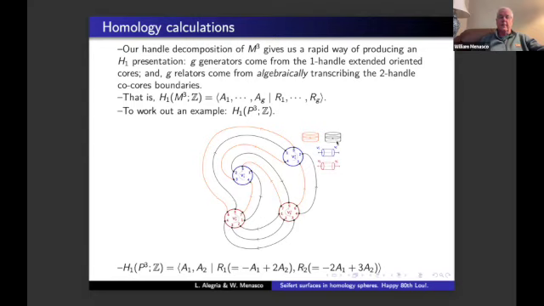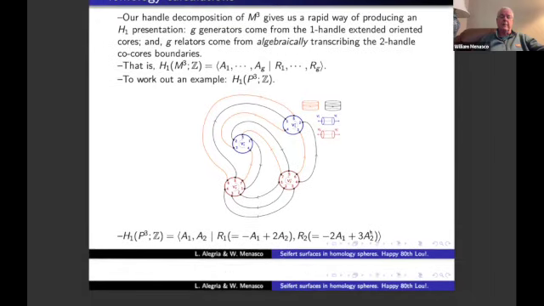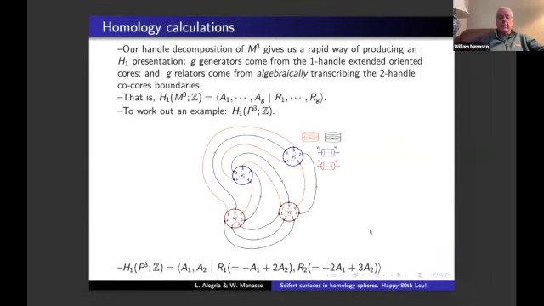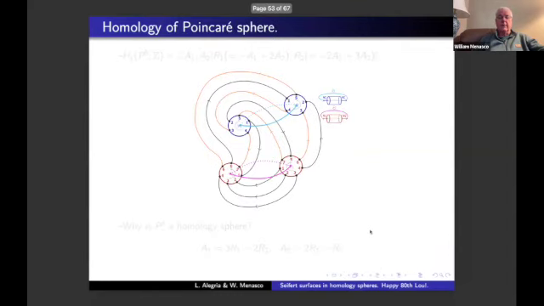The black two handle goes over the blue one handle algebraically minus two times, and then it goes over the red one handle algebraically three times. So you end up with these two relators, and that right there is a representation of the homology for the Poincare homology sphere.